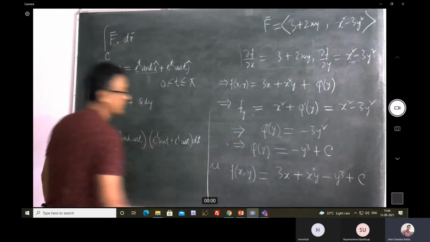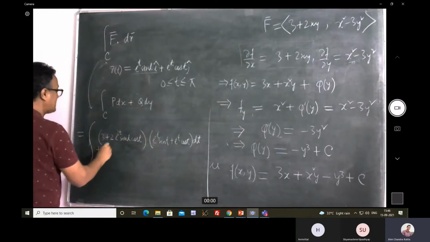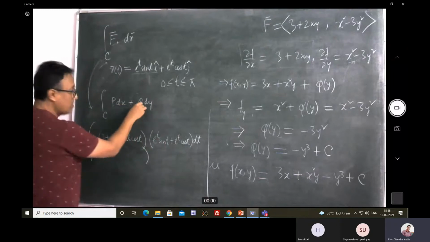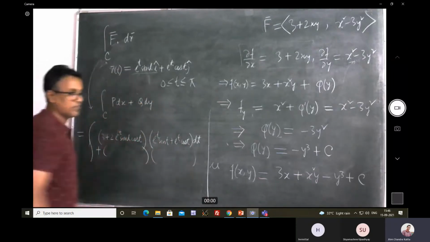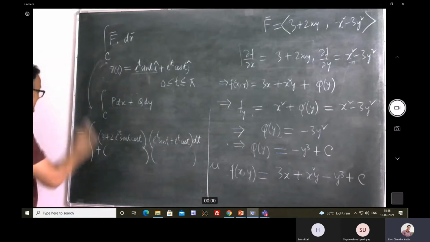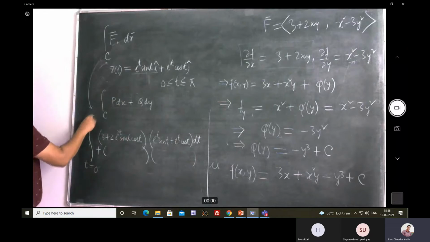Are you getting the point? Right? And again, plus your Q in terms of t, and dy again in terms of t. Is it okay? And then what you have to do? Again, t going from 0 to pi.